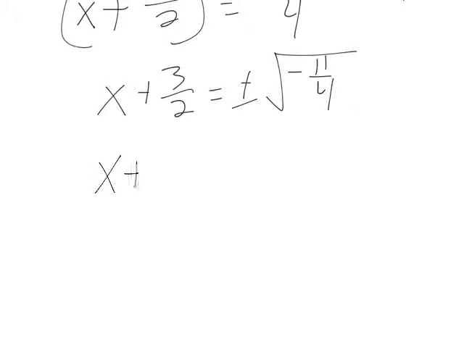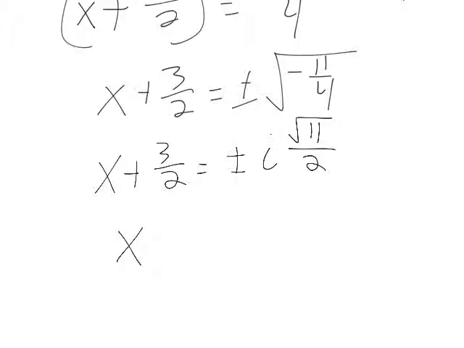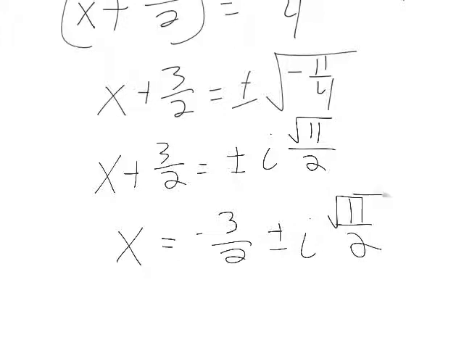All right, so x plus 3/2 is equal to plus or minus. Go ahead and bring the i out. Square root of 11 over 2. Okay? And then you're able to subtract the 3/2. Okay, so let's bring that over. -3/2 plus or minus i times the square root of 11 over 2.